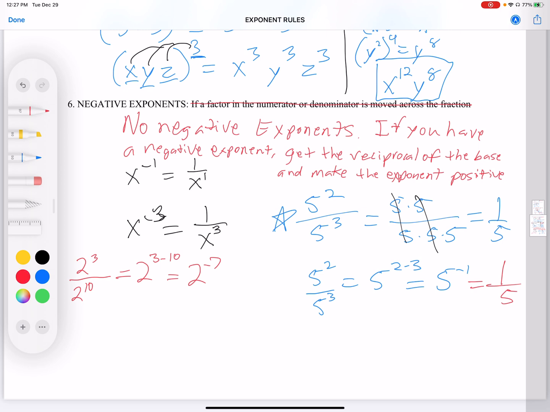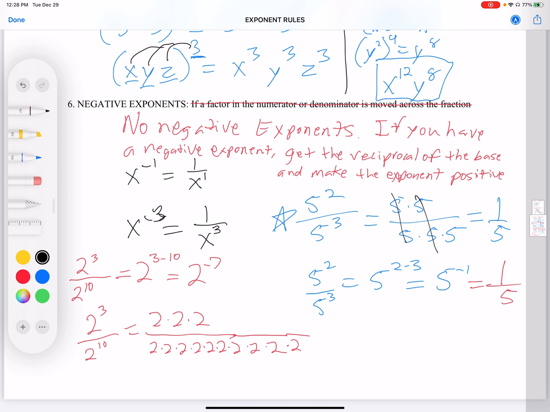Well, if I write it in expanded form, 2 to the third over 2 to the 10th, 2 to the third is 2 times 2 times 2, 2 to the 10th is 2 times 2 times 2 times 2 times 2 times 2 times 2, that's 1, 2, 3, 4, 5, 6, 7, 8, 9, 10.